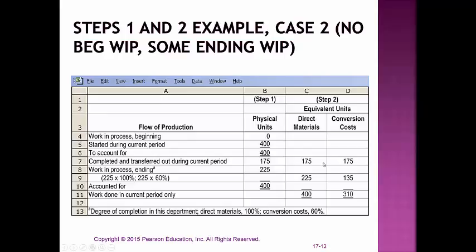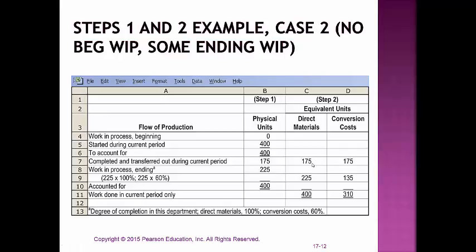So, as to direct materials, per that assumption that 100% of the direct materials are put into the process at the beginning of the process, those 175 units have gotten 100% of their direct materials. So 175 times 100% equals 175 equivalent units as to direct materials.